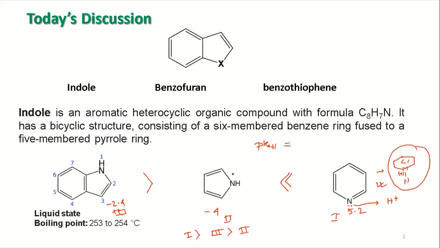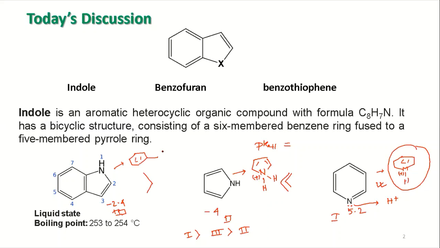Now, when you go for this one, if you talk about the basicity, we want to add the proton to the donating atom, right? So you'll have the protonation at the nitrogen. Here also you'll be expecting the same protonation at the nitrogen.